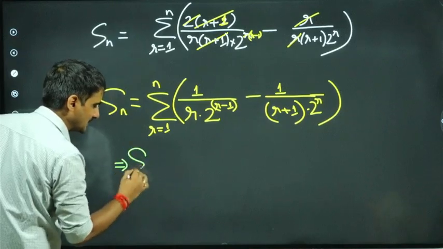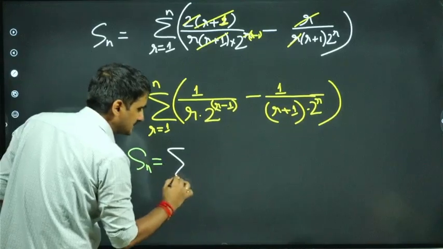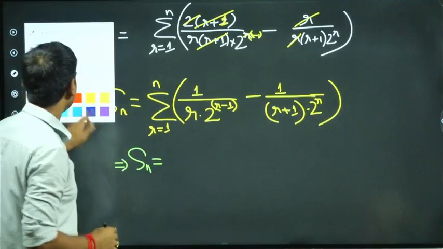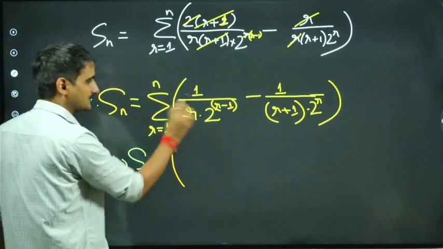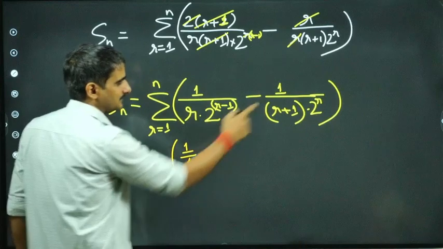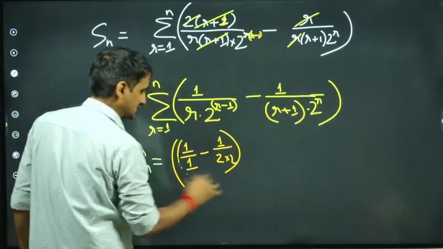Okay, so now just open the summation sign. So I will write Sn as, now start putting the values of r from 1 to n. Your alternate terms will get cancelled. So when we put r is equal to 1, we will get 1 by 1 minus, here you put it, so it's 1 by 2 into 2. So that's the first term.